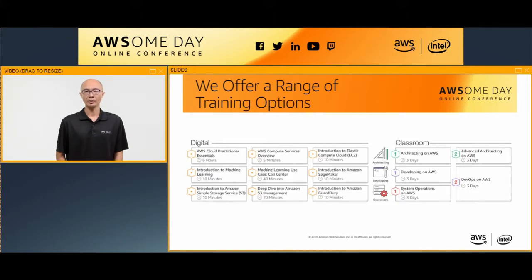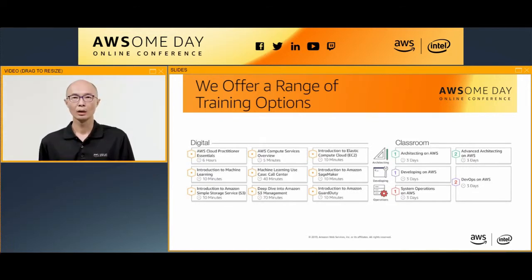Architecting on AWS is a 3-day course that teaches solutions architects to design and use AWS services for common IT applications. Developing on AWS is a 3-day course to help individuals design and build secure, reliable, and scalable AWS-based applications.